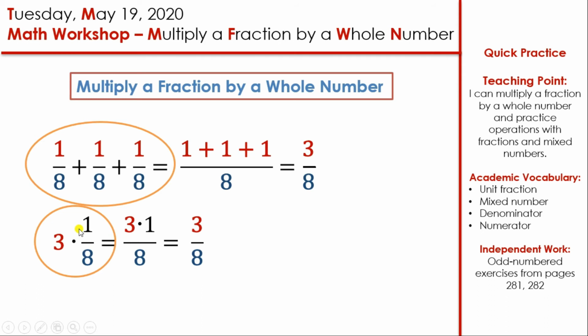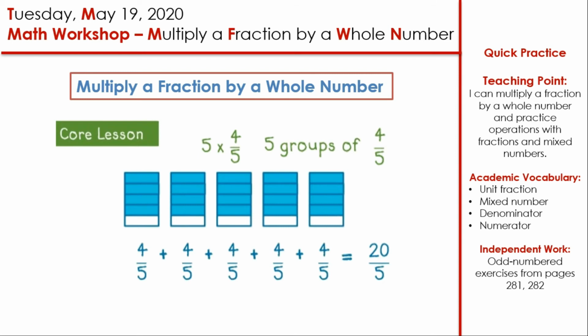So basically I have 3 times 1, that is equal to 3, and that will be divided by 8, which is the same denominator. So basically any amount of fractions can be expressed as multiplication of a fraction by a whole number.